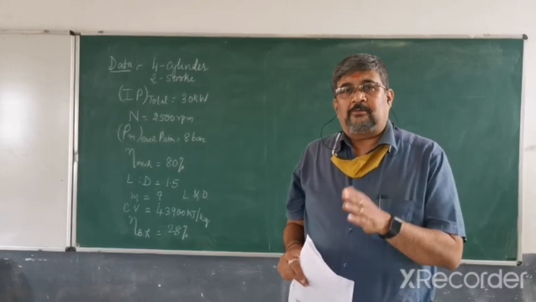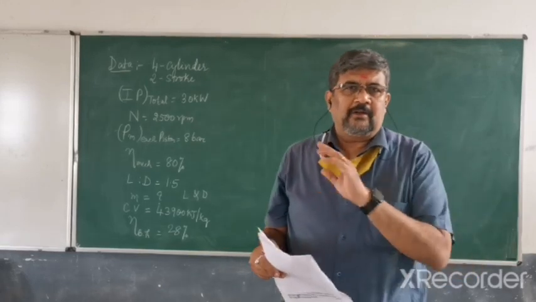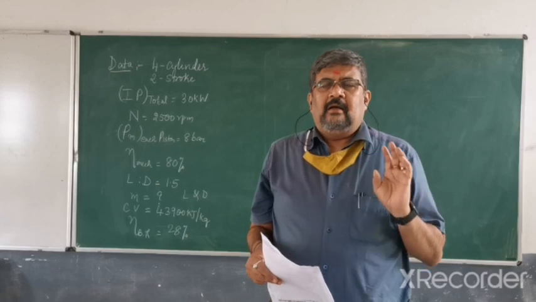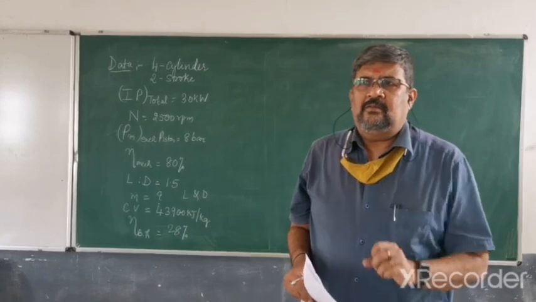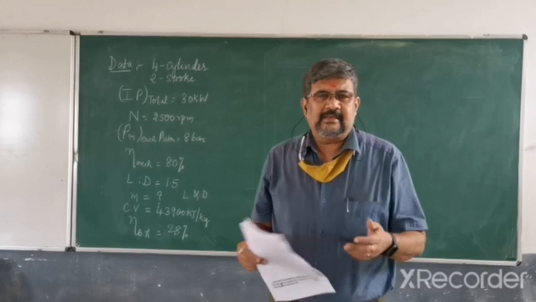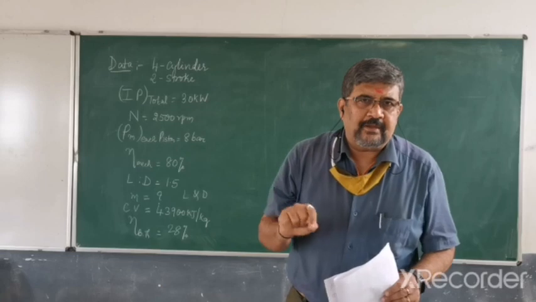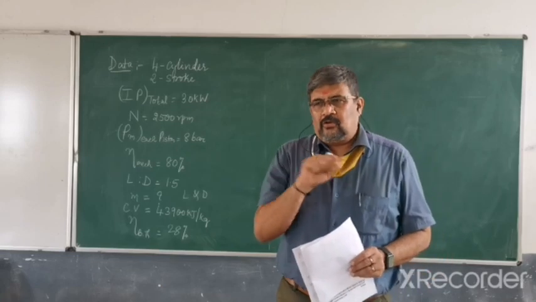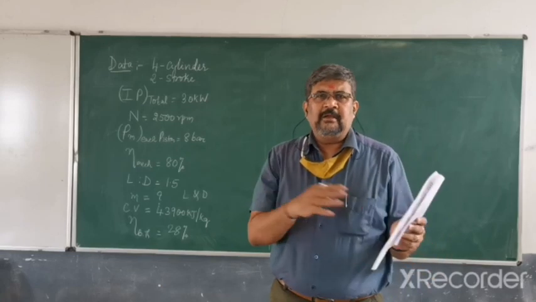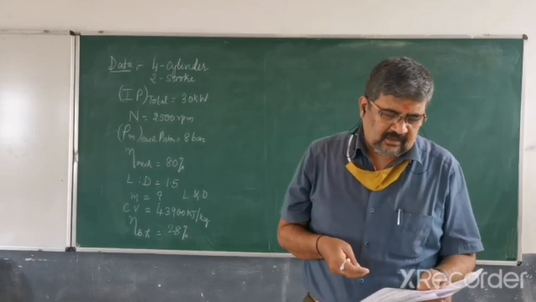You can also solve this problem later on using 30 kilowatt as the indicated power. But my suggestion is whatever method you use, in case you come across this kind of a problem in the examination, you clearly mention what is the assumption you have made. Okay, so without which there may be discrepancy in the answers, and hence you may end up losing marks.